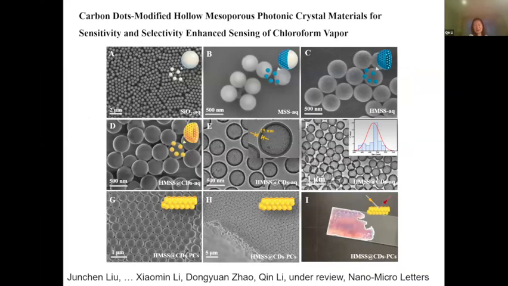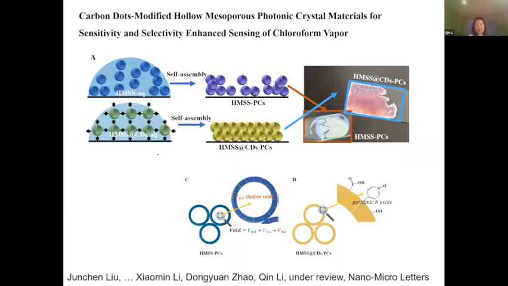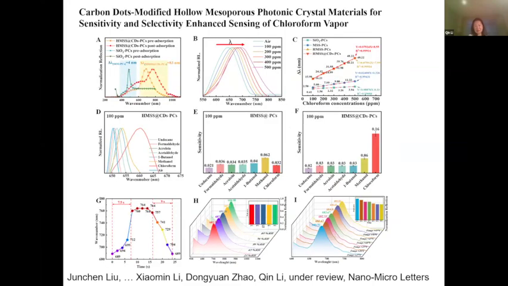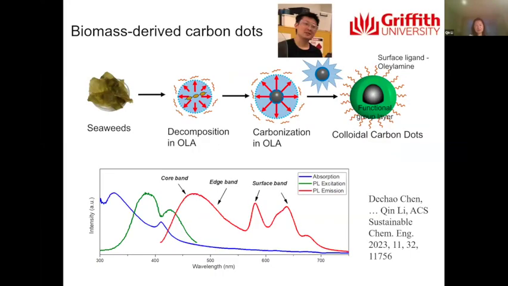And there's a lot of chemistry synthesis involved in that, making hollow mesoporous silica spheres and packing them into photonic crystals and then loading carbon dots in, and lots of fundamental science in that. So it's very much in the R stage, but we are showing we can drive that performance and drive the application.